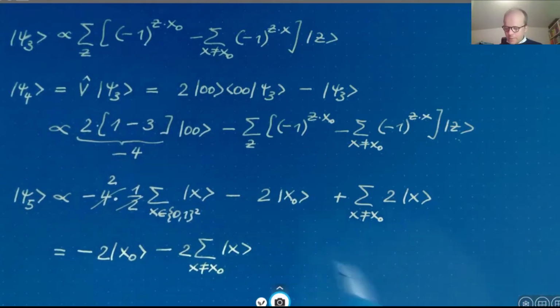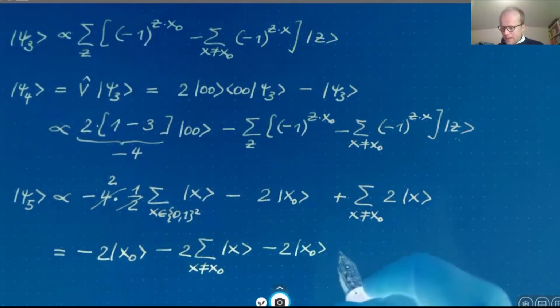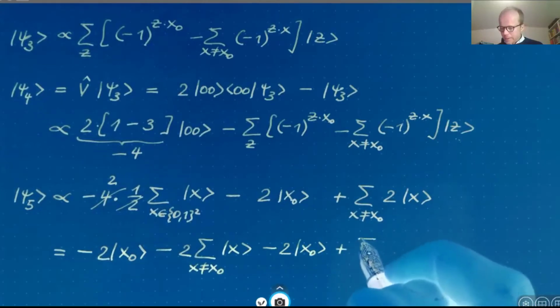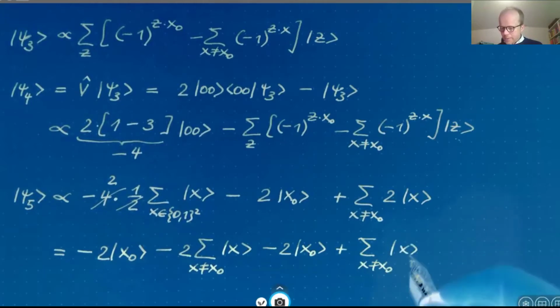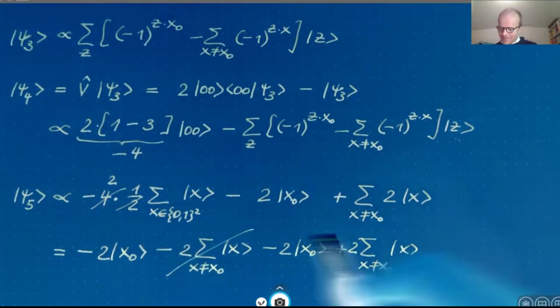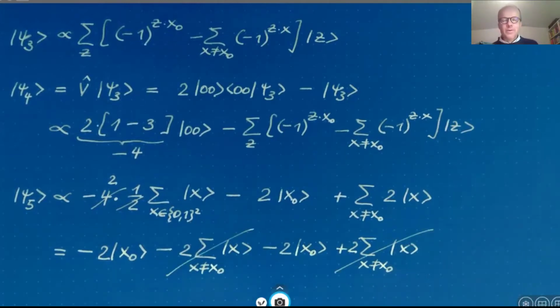And then from that we subtract 2 times x naught and we add the sum over all the others, x with a factor of 2. And what you see is that the terms containing the incorrect solutions, so the basis states corresponding to the incorrect solutions, they cancel out.